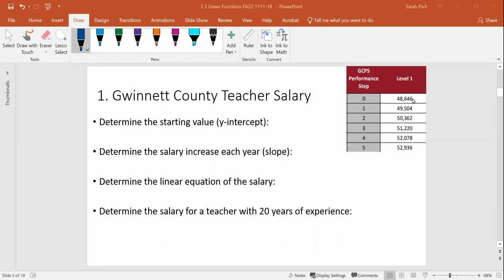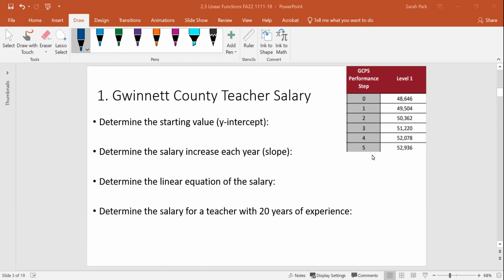This is with a bachelor's degree, and going on to the 5th year, they go up to $52,936. Now for higher degrees, it is going to be higher, but this is a Gwinnett teacher with a college degree.